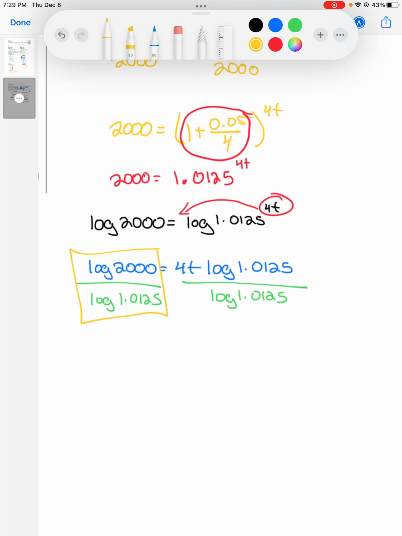Okay, and then we'll type this in our calculator. Let me pull up my calculator. So log of 2,000 divided by log of 1.0125.